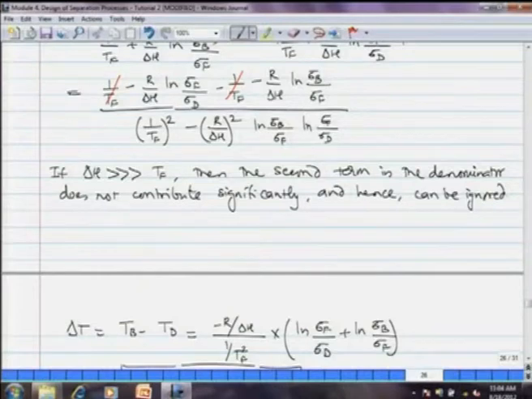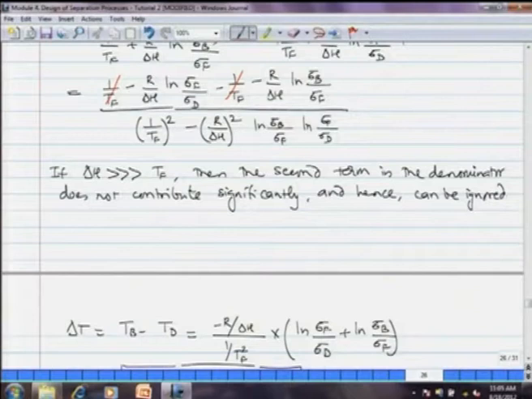So you are going to have a very small number as the second expression of the denominator. (R by delta H) square into ln sigma B by sigma F into ln sigma F by sigma D is going to be very small compared to 1 by Tf square. What will be the temperature of the feed? It will typically be, let us say, 350 Kelvin or 320 Kelvin, 70-80 degrees approximately.